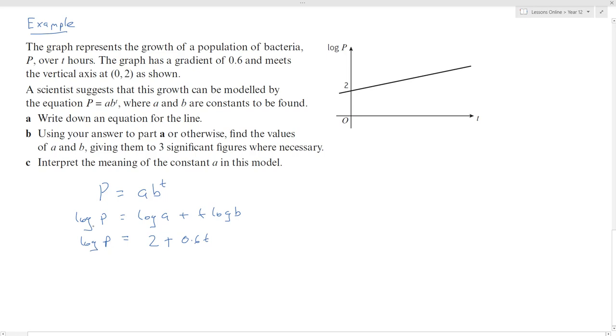If you want to rearrange it, you could say log P is equal to 0.6t plus 2. So as your x value, your gradient is 0.6, and 2 is your intercept.